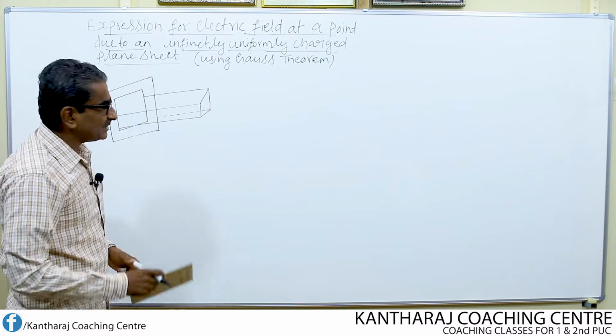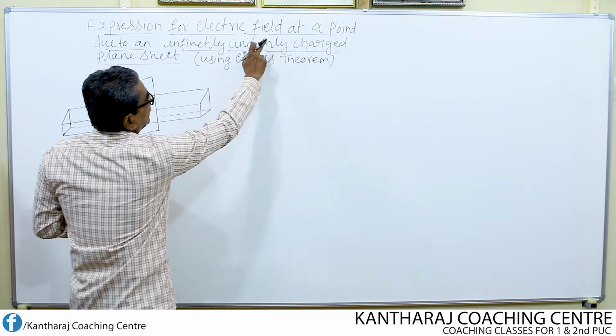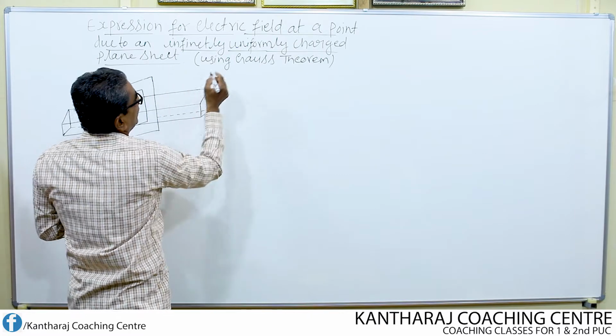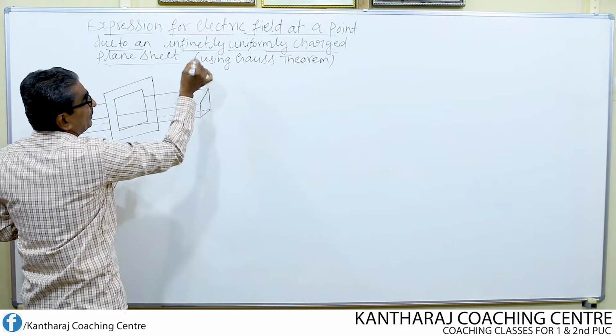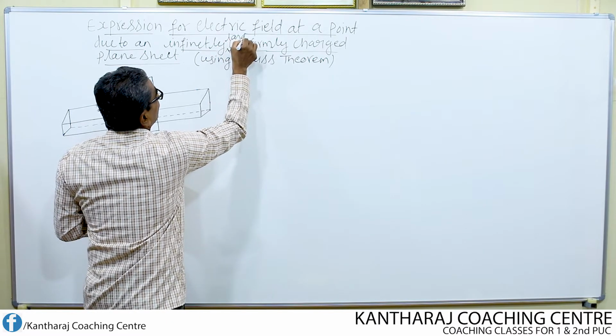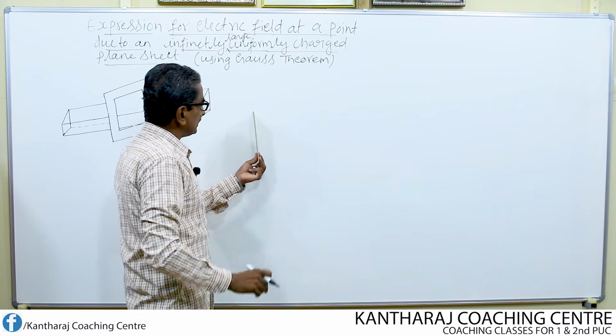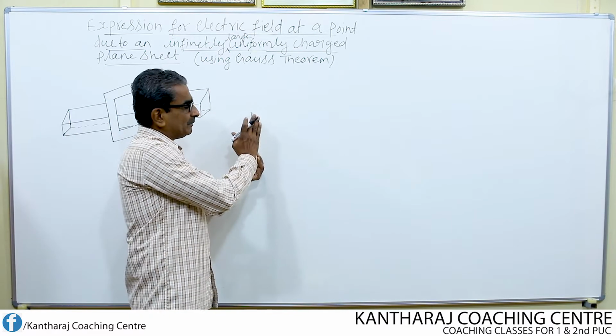Here, we are finding the electric field at a point due to an infinitely large, uniformly charged plane sheet. What does infinitely large mean? Suppose I consider the charged sheet in a vertical position.